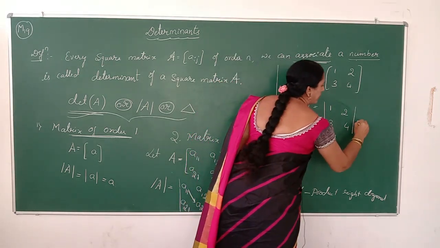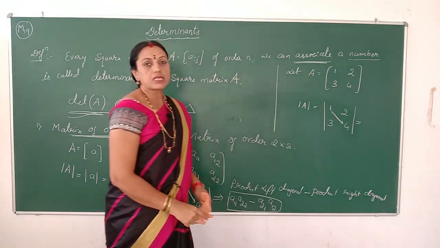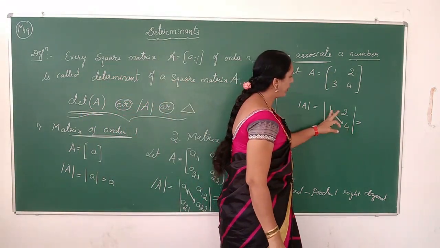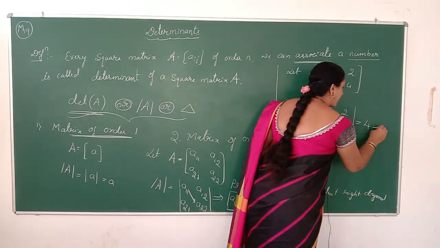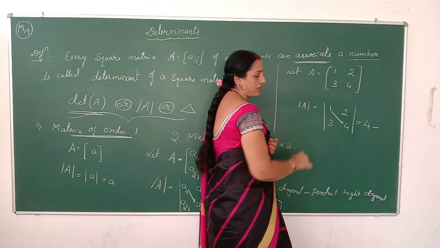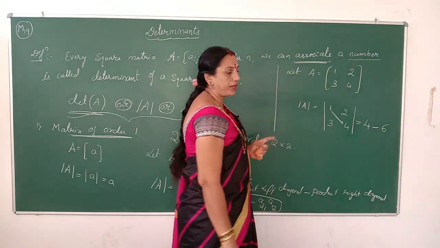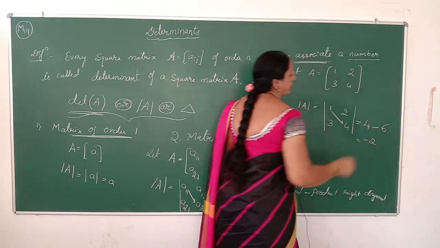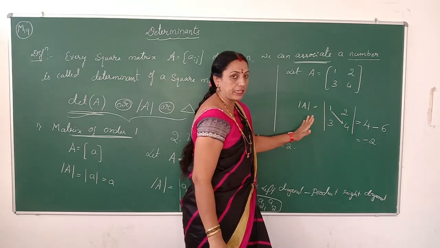After that we multiply. First we multiply the elements of the left diagonal, which is 1 into 4. So 1 into 4 is 4, minus the product of the right diagonal, which is 3 into 2. 3 into 2 is 6. That is 4 minus 6, which is equal to minus 2. Such a value is called the value of the determinant.